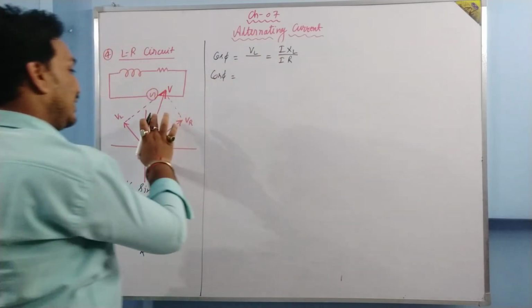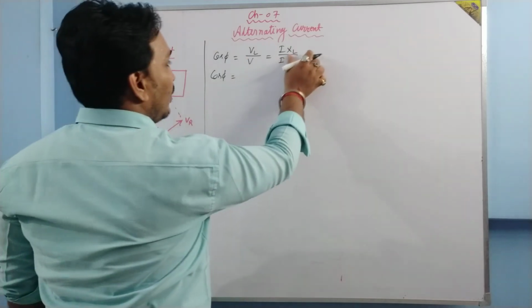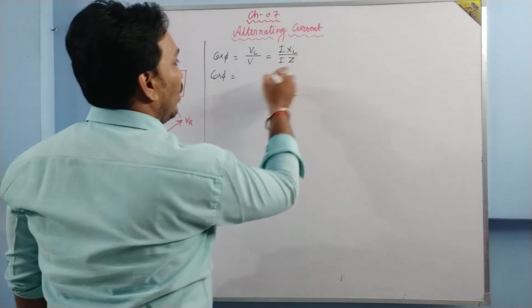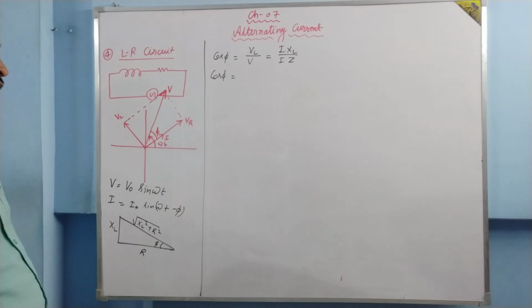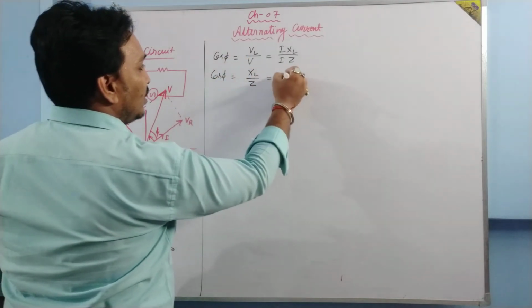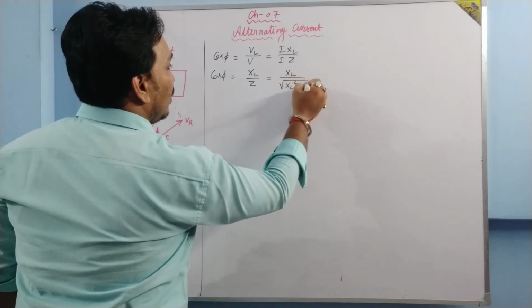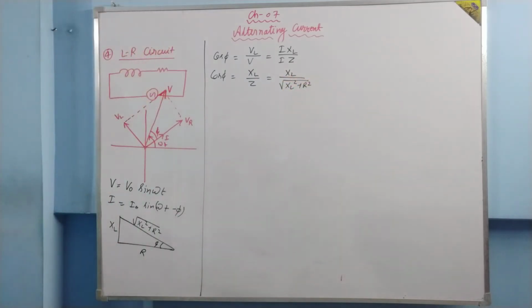It is VR upon the total V. Okay? So V can be written as I into Z. Z is total impedance. So I and I will be cancelled out. We are going to have R upon Z. Z is equal to what? Under root XL square plus R square. Right? So this is the value of cos phi.